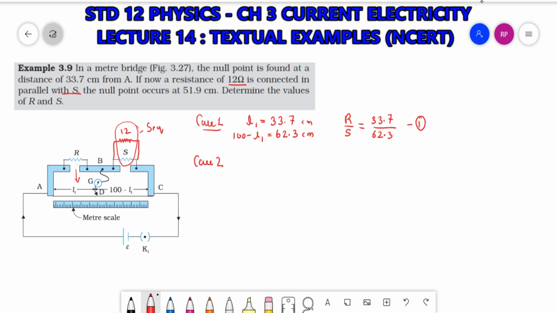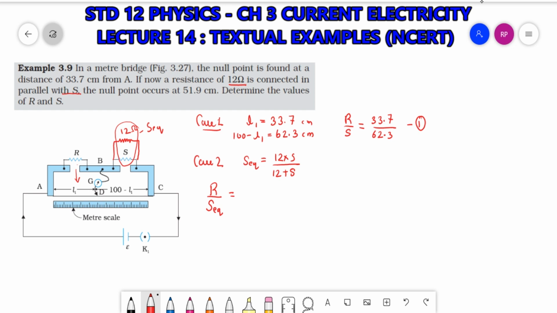As S and 12 ohm are both in parallel, S equivalent is equal to 12 into S upon 12 plus S. Now again we will use the same condition, R by S equivalent.